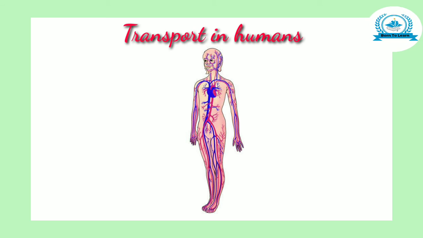Transport in humans. The main transport system in humans or man is the blood circulatory system, which is sometimes called just circulatory system for the sake of convenience. In the human circulatory system, blood carries oxygen, digested food and other chemicals like hormones and enzymes to all the parts of the body.